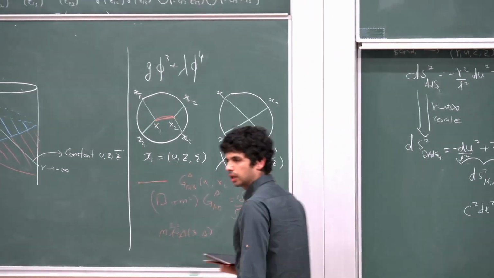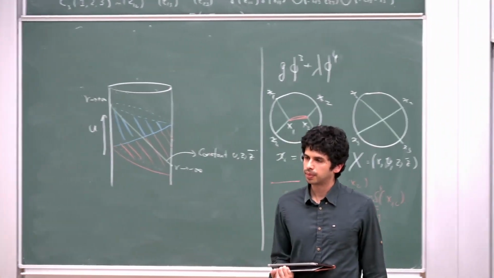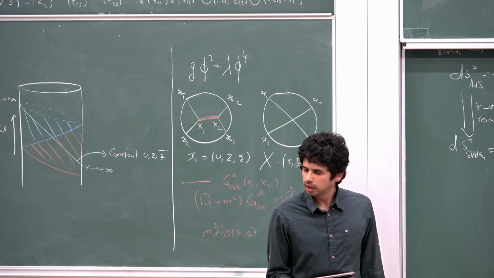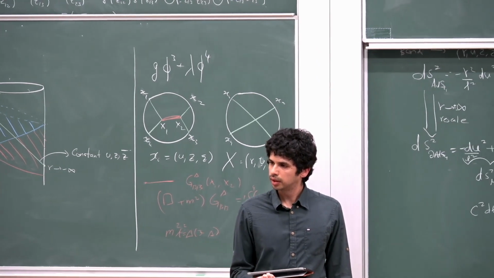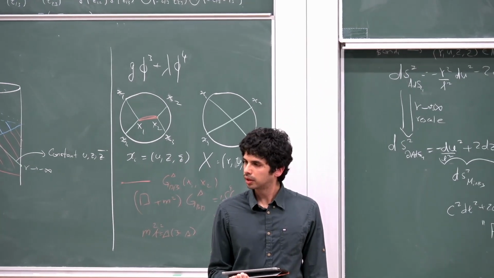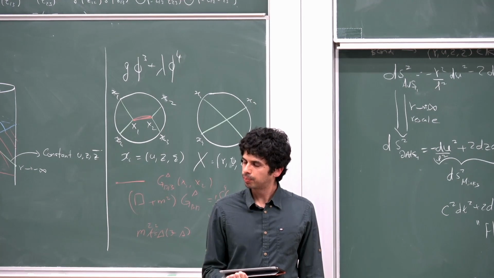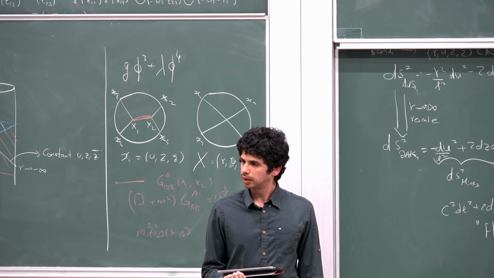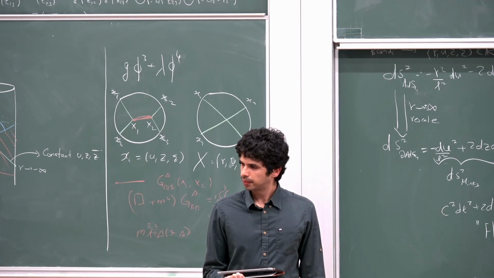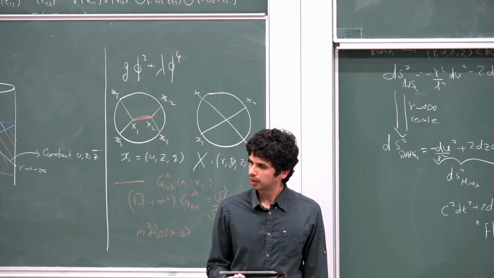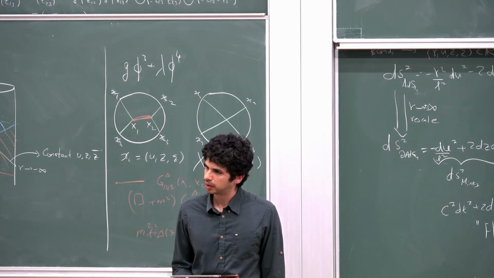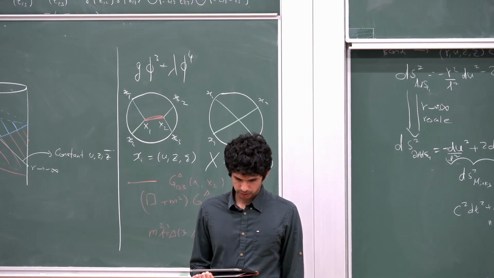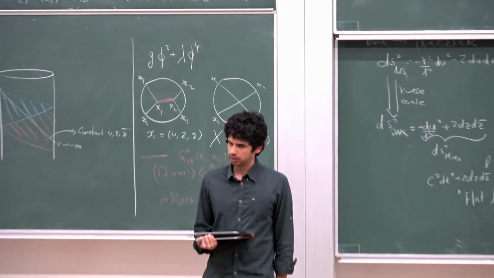I don't know when the right time to ask this question is, but on the right board there, you got two solutions because it was a second order equation evolving in the spatial direction, and so you could kill half of them. But when I take this flat limit, my boundary is in the null direction now, right? Yes. And the Laplacian becomes first order when I'm evolving in a null direction.